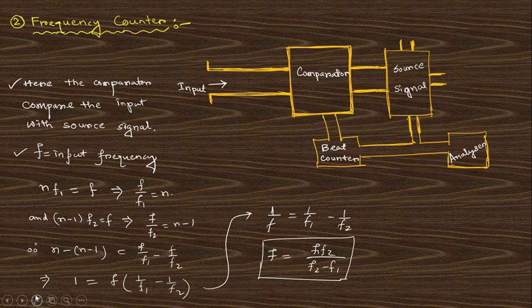Input frequency means the frequency of the microwave, because we input the microwave, right? Clear? So these two are the direct methods by which we can find out the frequency of the microwave. Next, the indirect methods.